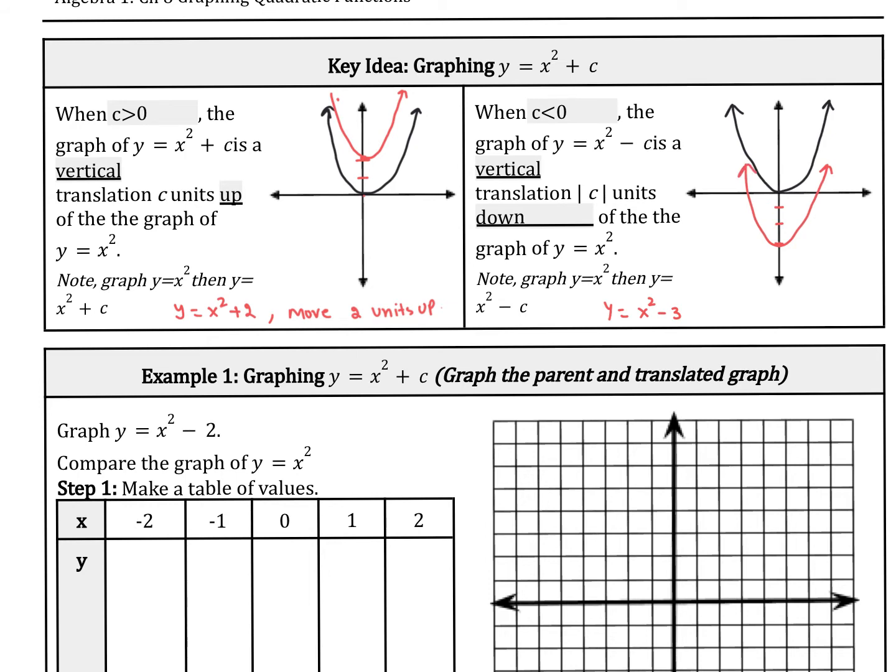So if it is plus 2 outside the function, you move the same graph up 2 units. And if it is negative, then you move the graph that many units down.